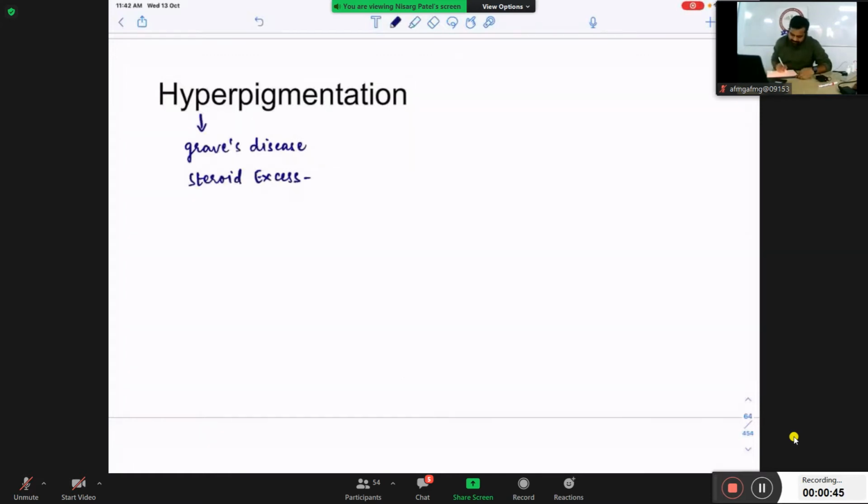So, what are the diseases with steroid excess? It can be Cushing's, or it can be exogenous steroids.